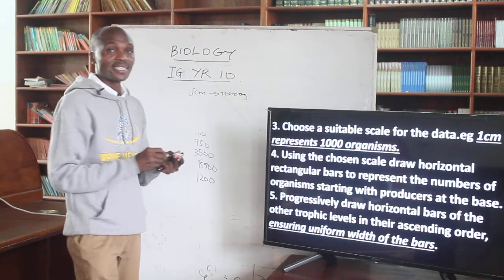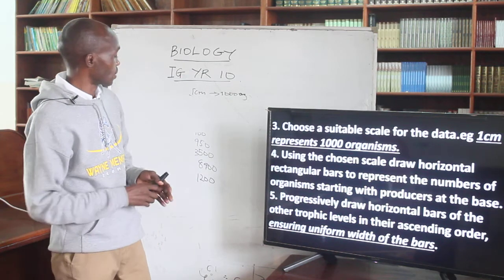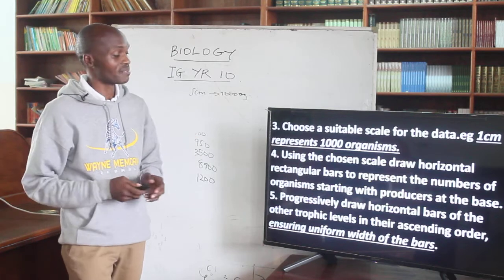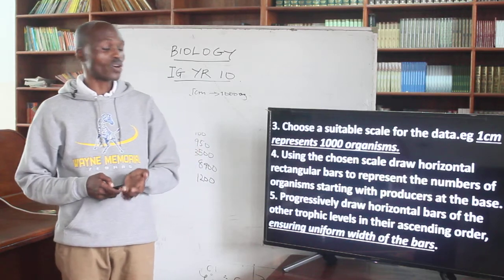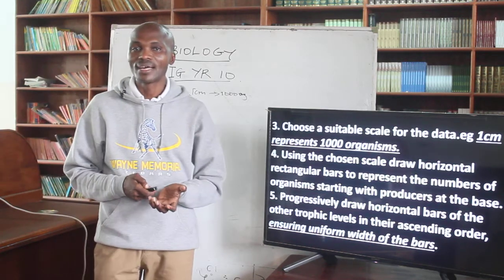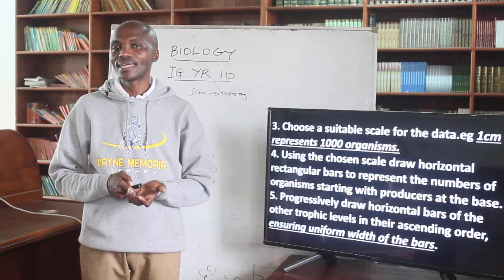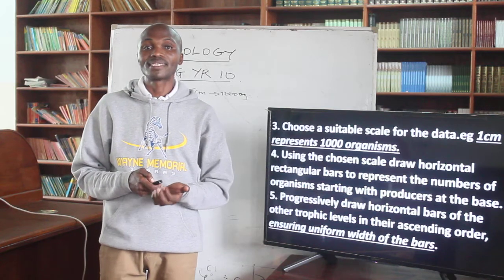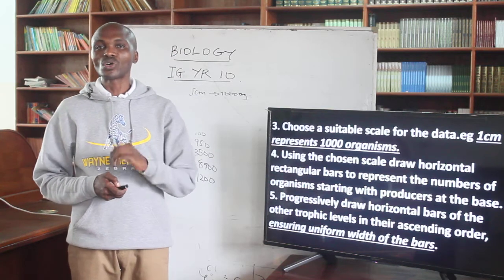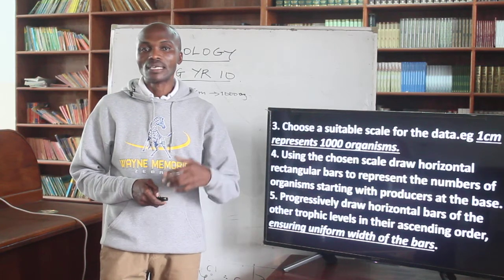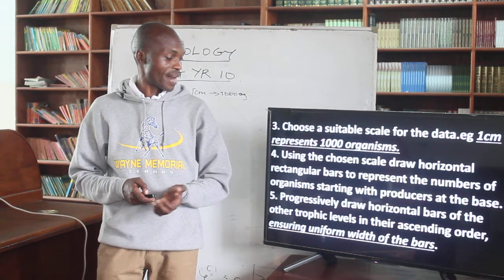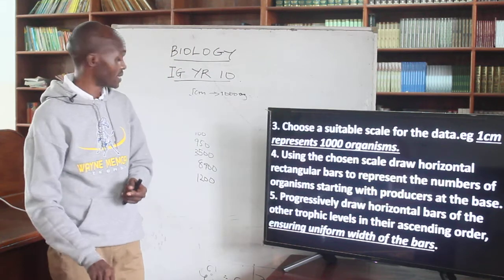So in this case, that scale should correspond to the population or the numbers that you have. Then using the chosen scale, you need to draw horizontal or rectangular bars that will correspond to the numbers of organisms, with the producers at the base. Progressively you draw horizontal bars of the other trophic levels in an ascending manner, ensuring that the width of the bars remains the same.